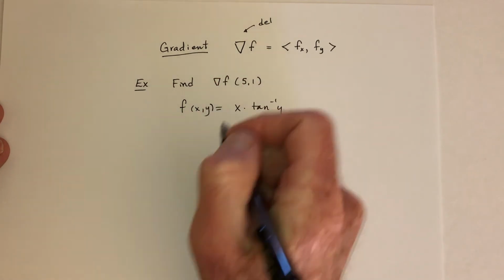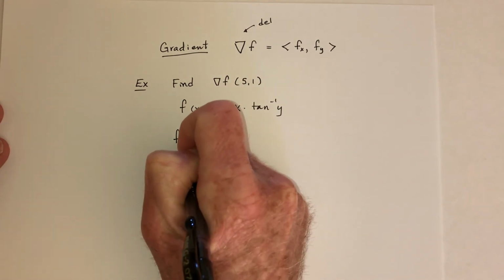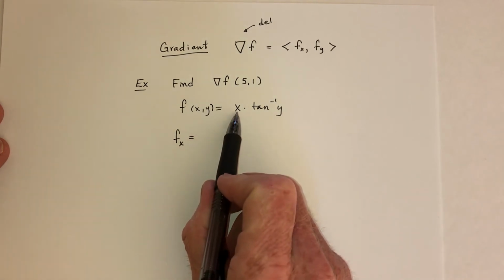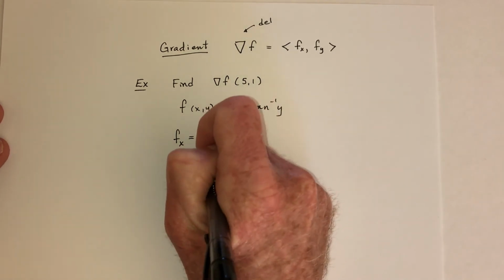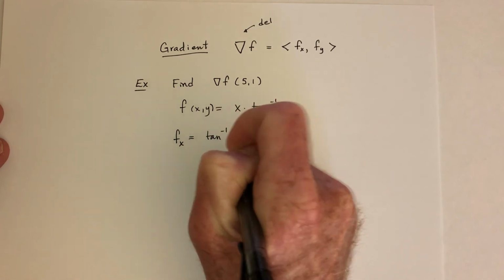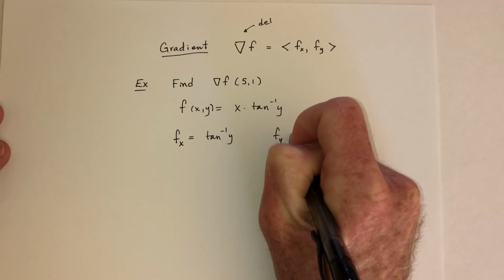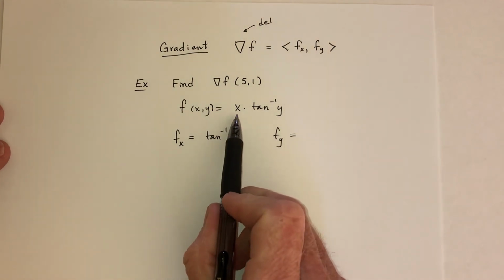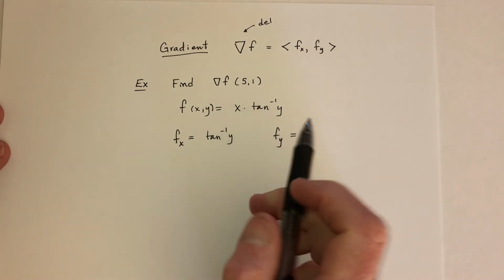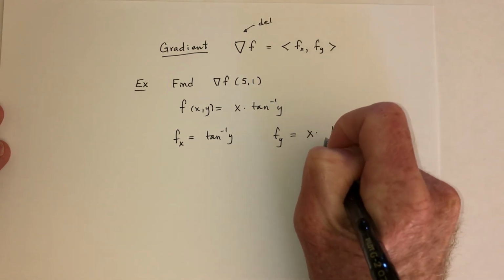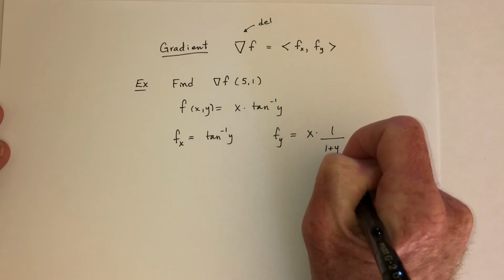So we need the derivative with respect to x. So that means take the derivative right here, that's a 1 times tangent inverse of y. Take the derivative with respect to y. So that means that x just sits there as a constant, take the derivative of tangent inverse. The derivative of tangent inverse is 1 over 1 plus y squared.